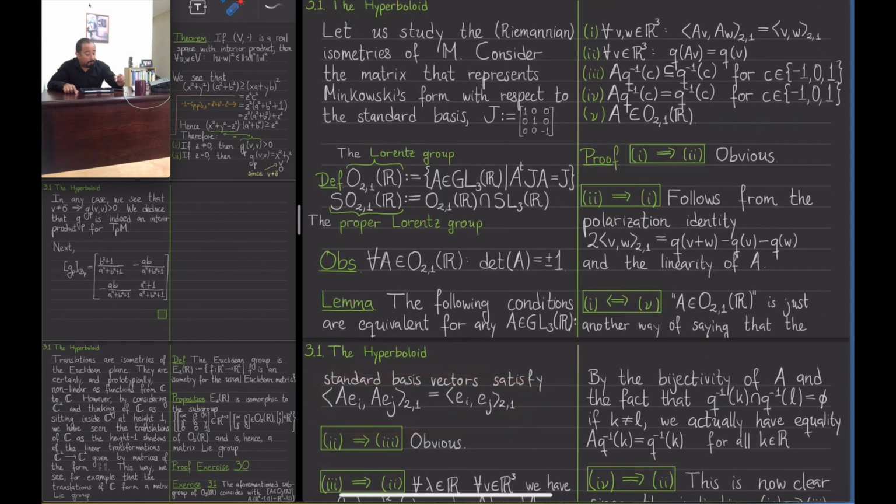And 4 implies 1 follows from the fact that knowing this means knowing this for the standard basis vectors. Then, applying the linearity of A, for any two vectors V and W, you expand in terms of the standard basis, and for each pair of standard basis vectors you apply this equality that you know to hold, and then you arrive at what you want.